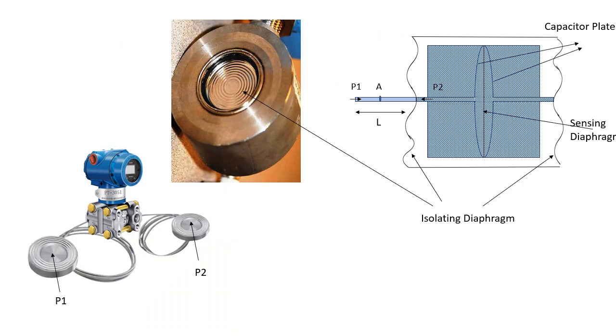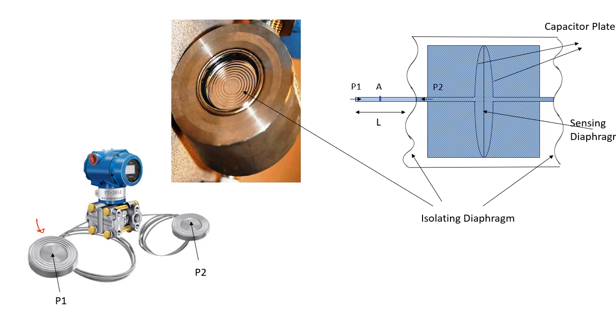Now, in this picture, you can see there is a pressure transmitter, or you can say this is a DP transmitter. If it is only a pressure transmitter, this diaphragm is present on only one side; on the other side there is no diaphragm.